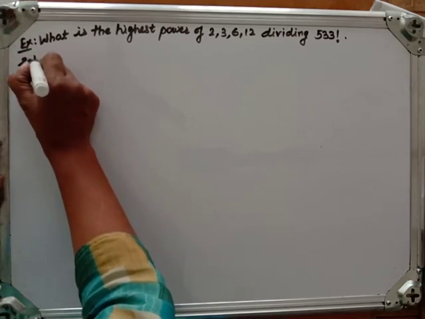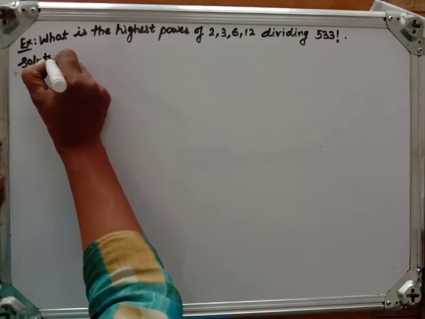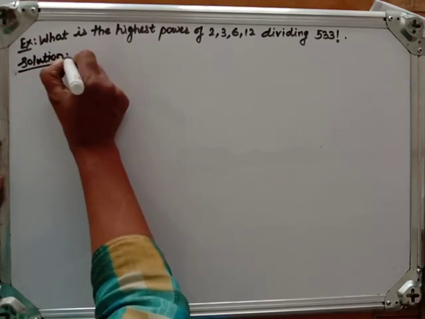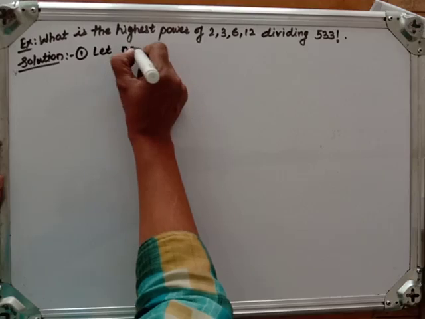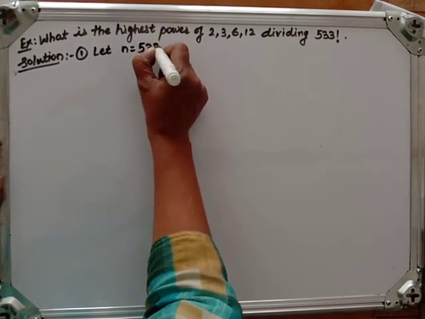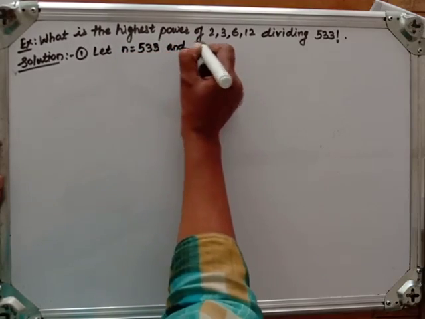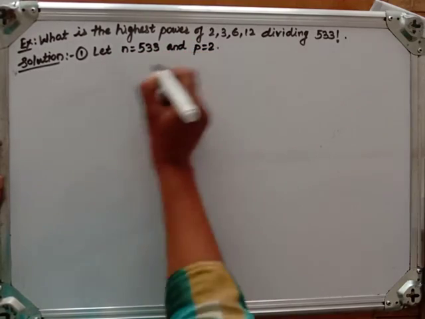So solution, first let n equal to 533 and p equal to 2.